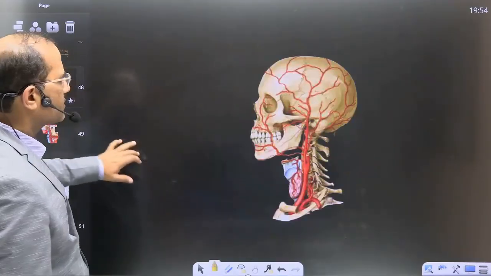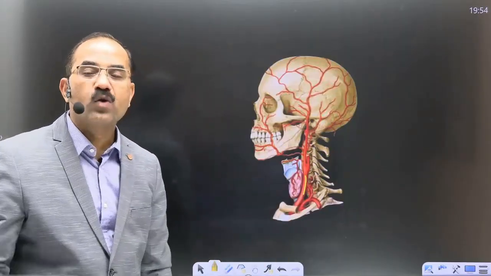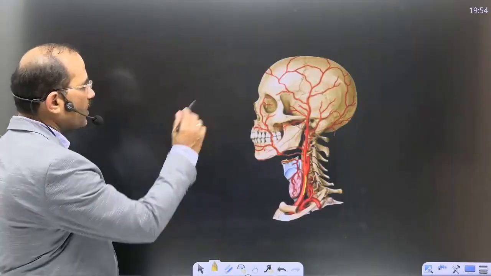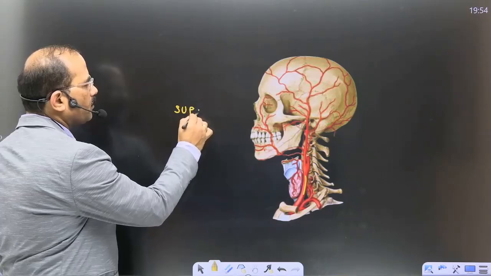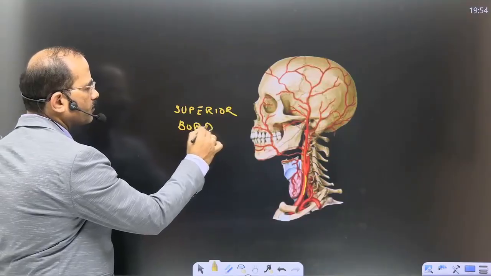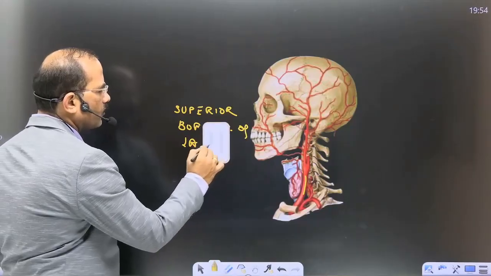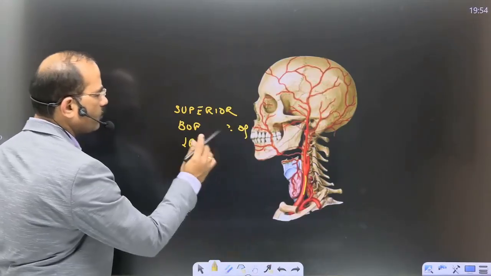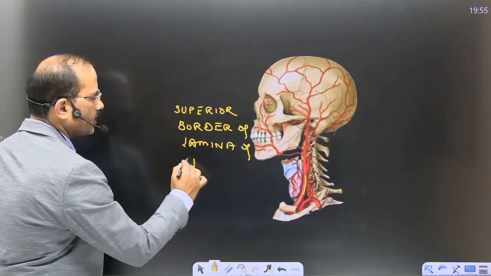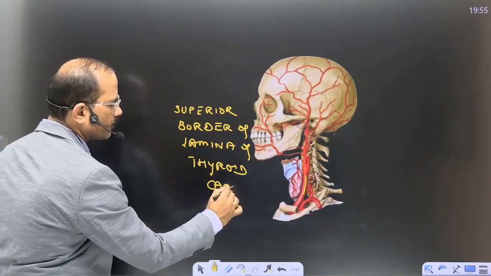Look at this slide here. So this is the common carotid artery. And where does this common carotid artery divide? That's a very important MCQ. The common carotid artery divides at the superior border of the lamina of thyroid cartilage.